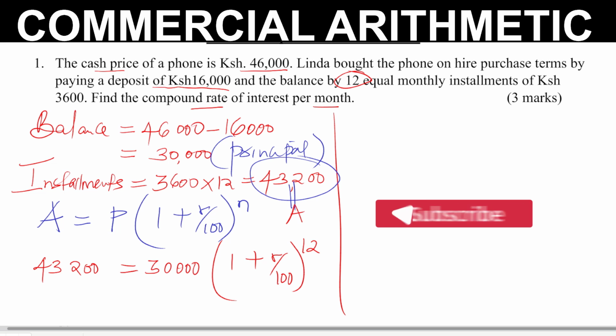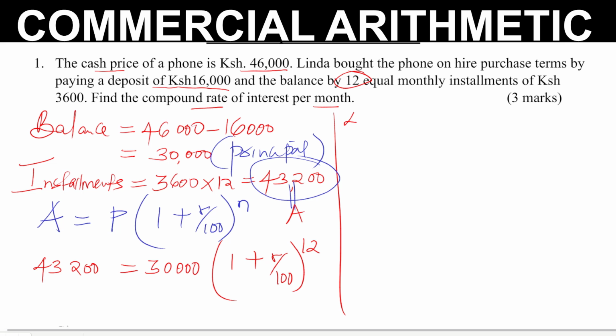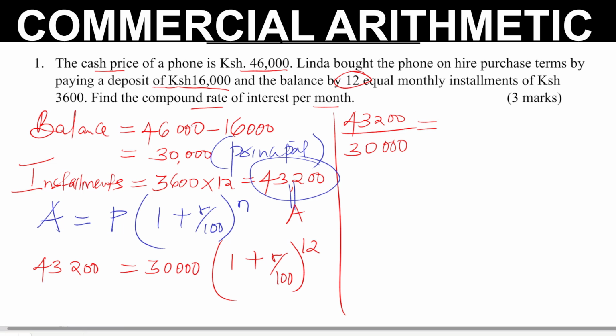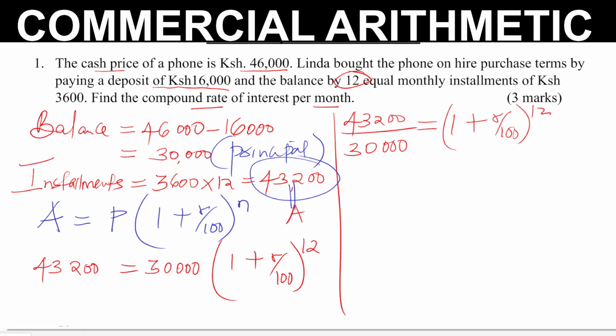So we are left with r. r is the rate of interest. So we need to make r the subject, find r. So we're going to first begin by dividing both sides by 30,000. So 43,200 divided by 30,000 is equals to, the right hand side will be left with that.